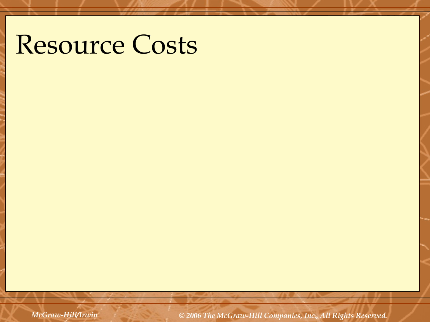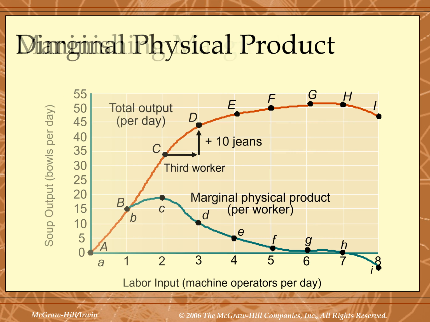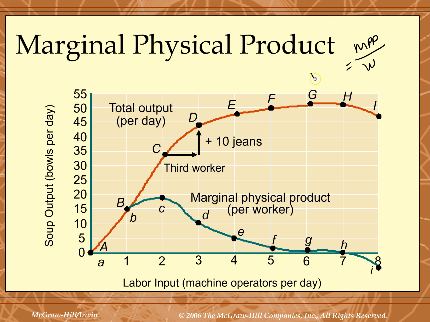Now, let me just back up. If we're paying all of these workers the same wage, you could see how unit labor cost is the wage divided by the output produced by a worker. Well, if you've got MPP, that's workers' productivity, and wage, you get unit labor cost.